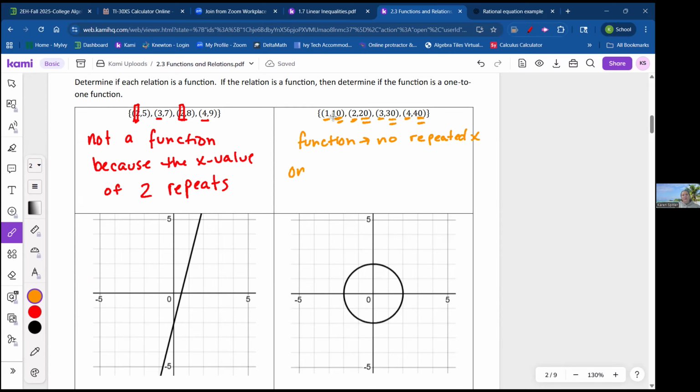So it is a one-to-one function. It's a function because there were no repeated x values. It's a one-to-one function because there are no repeated y values.